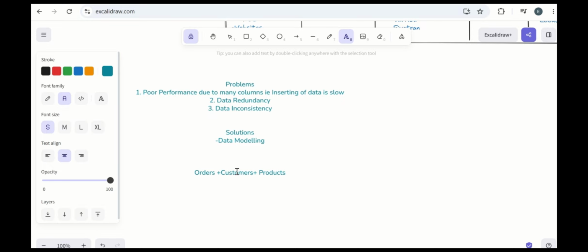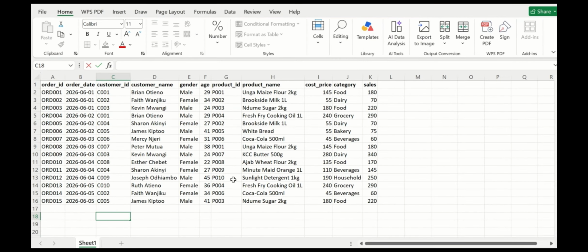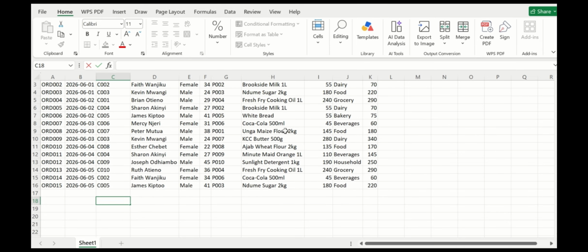So first of all, we are going to extract. We shall build tables of these three entities, where we shall have the customer information in its own table, and then the orders information in its own table, and then the product information in its own table.